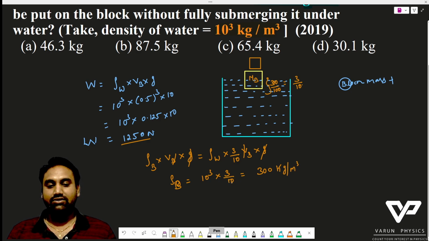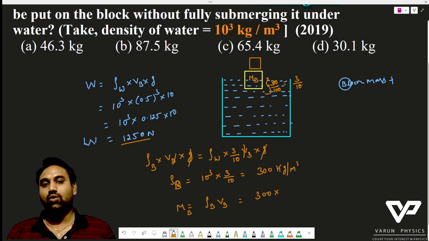Once we get the density of the block, calculating the mass of the block is not a big issue, because mass of the block is equal to density of the block into volume of the block. The density is 300 into the volume of the block, which is 0.125.